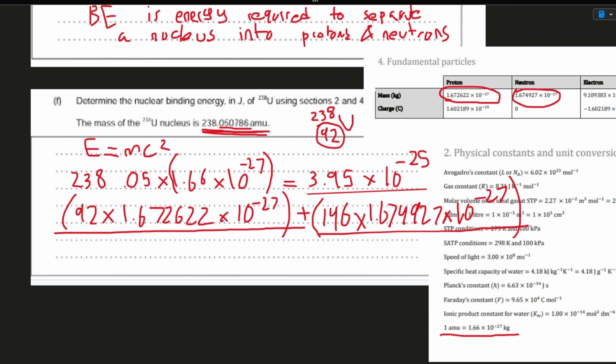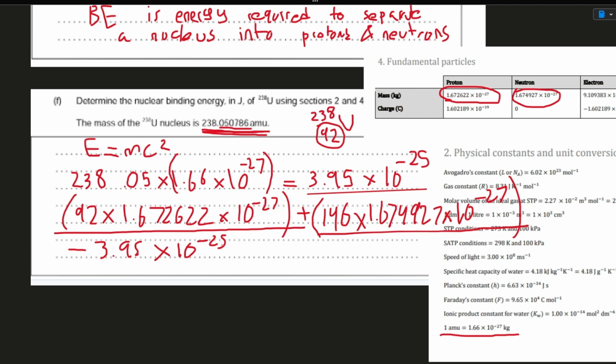So after we have both the mass of the protons and neutrons, we should subtract it from the overall mass of the nucleus, which is 3.95 times 10 to the power of negative 25. And we're doing this in order to calculate the mass of the electrons, because we don't have the electron number, we don't know what it is.